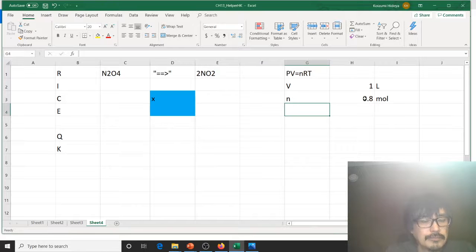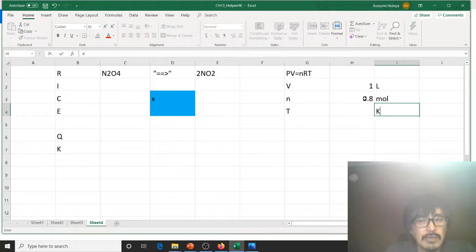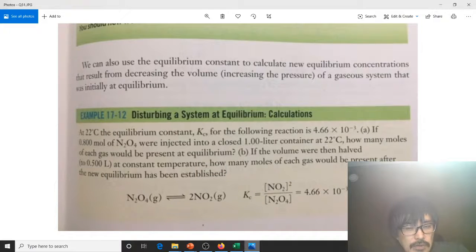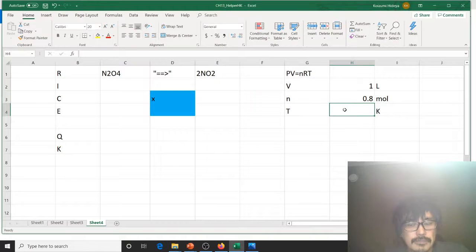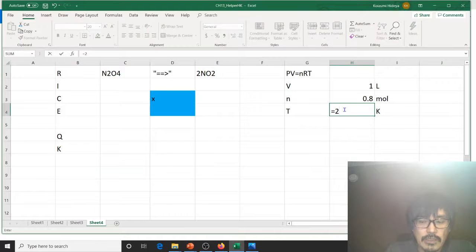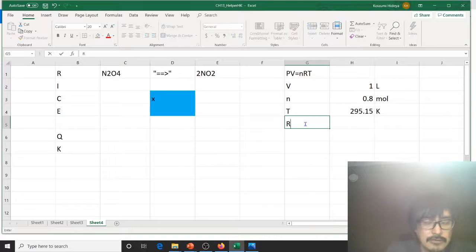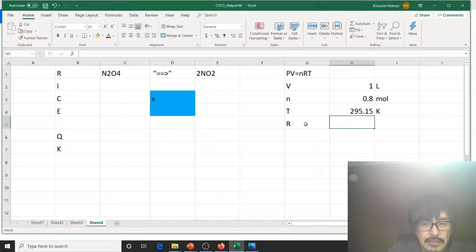Then temperature, this has to be in Kelvin, right? My memory is so bad. What was this thing? 22 degrees Celsius. So equal 22 plus 273.15. So I got 295.15 K. And R, as you guess it, it's 0.082.